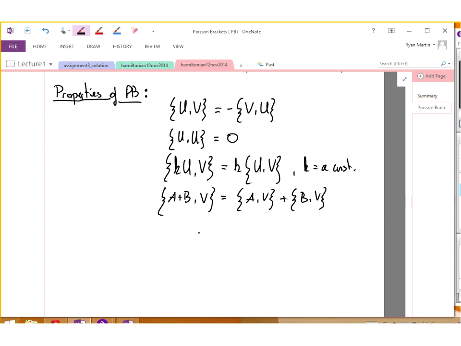Now, same thing with the product. If we switched b for a in that last statement, would that still be correct? So the Poisson bracket of a plus b, comma v, equals the Poisson bracket of b, comma v, plus the Poisson bracket of a, comma v.